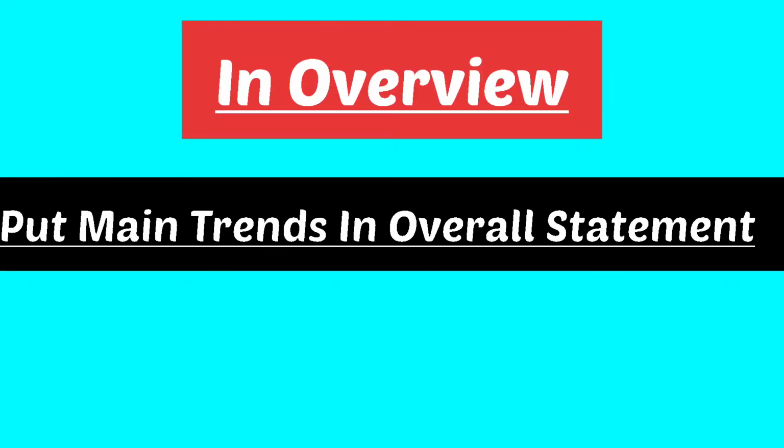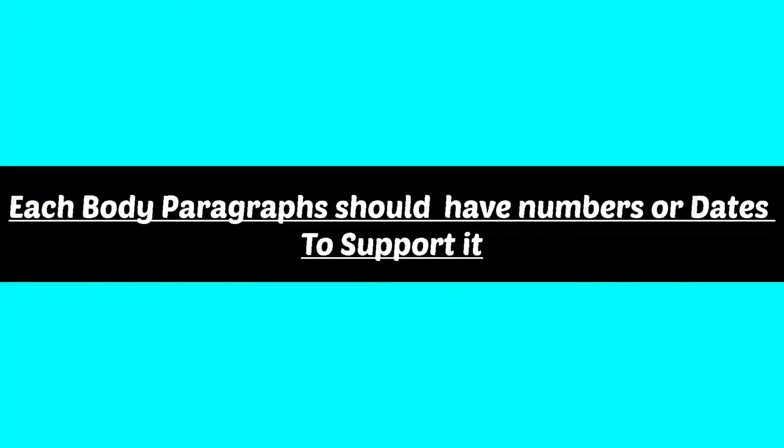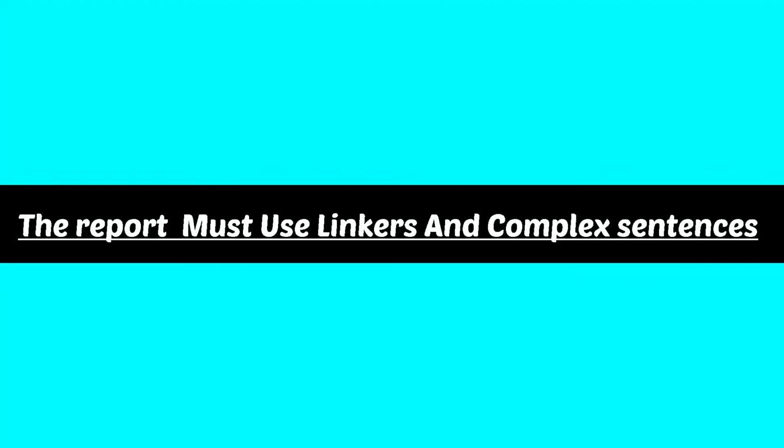In the overview, put main trends and any other key features in an overall statement. Number 3, make sure each body paragraph sentence has numbers and dates to support it. And number 4, the last, your report must use linkers and complex sentences with high band score vocabulary for acquiring high band scores, of course.